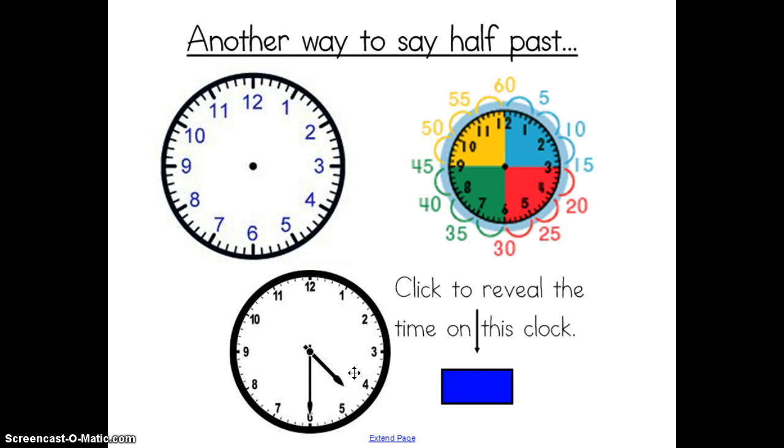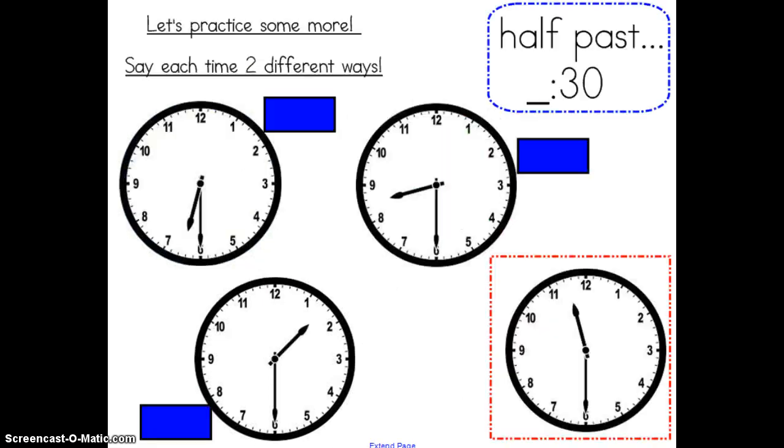Now that the minute hand has moved, the hour hand has moved just a little bit past the 4. The minute hand is pointing at 6, which means 30 minutes. We can say this time as 4:30. This is what it looks like on a digital clock. 4:30.